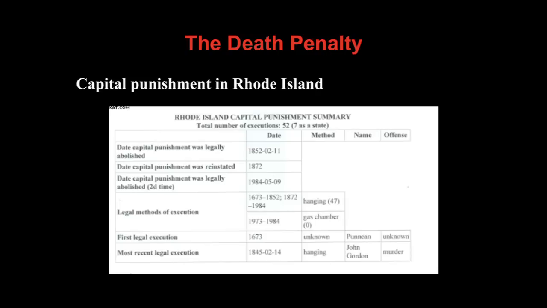The death penalty in Rhode Island was abolished in 1852, reinstated in 1872, and then again legally abolished in 1984.